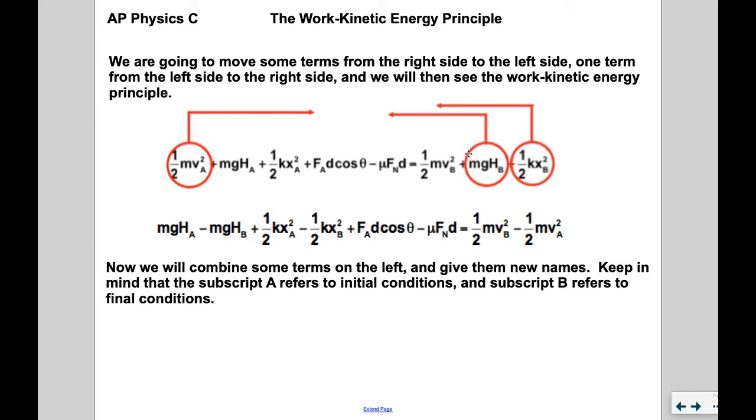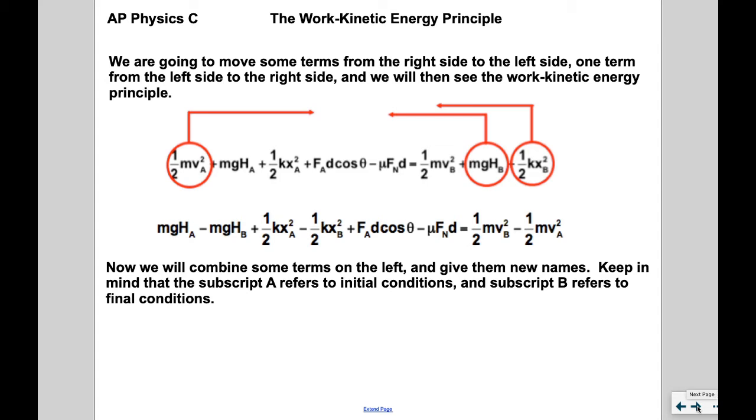We're going to take the gravitational potential energy and elastic potential energy terms at point B, subtract them from both sides and move those effectively from the right to the left. And we're going to gather the gravitational potential energy terms, the elastic potential energy terms, and then on the right, the kinetic energy terms. And we're going to factor some things out and give some terms new names.